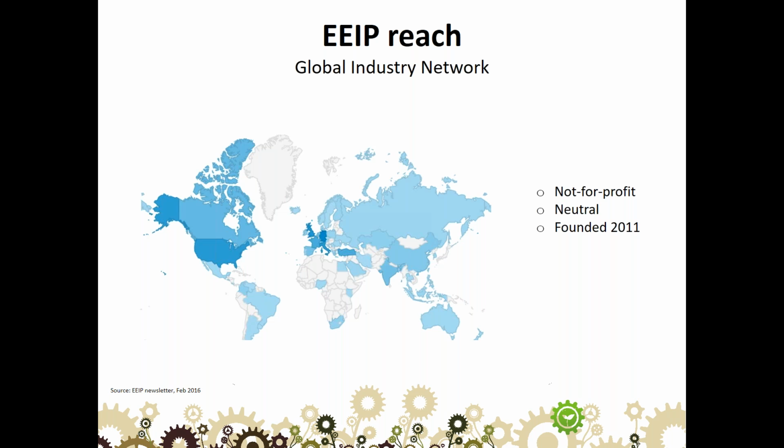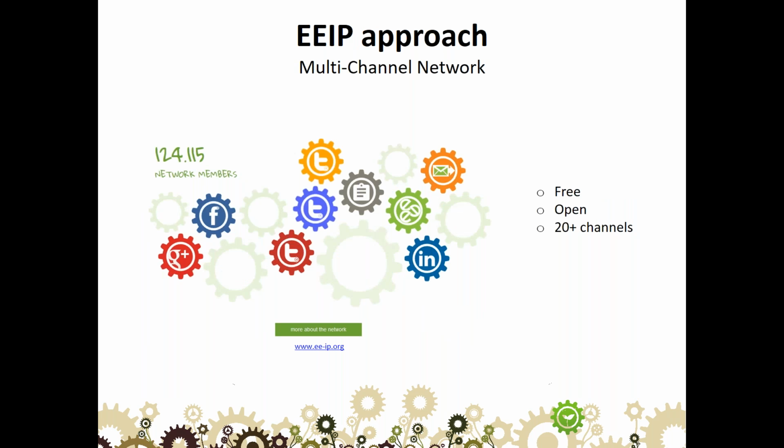One reason for this is the setup of EEIP as a neutral and not-for-profit platform. But another reason is the convenience factor. So based on the Coca-Cola approach in arm's length, what basically means that you should get a Coke everywhere, we developed the EEIP approach.